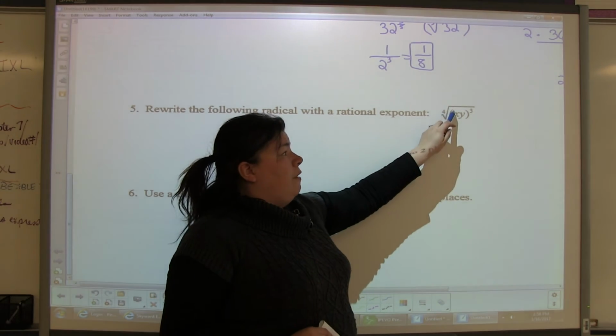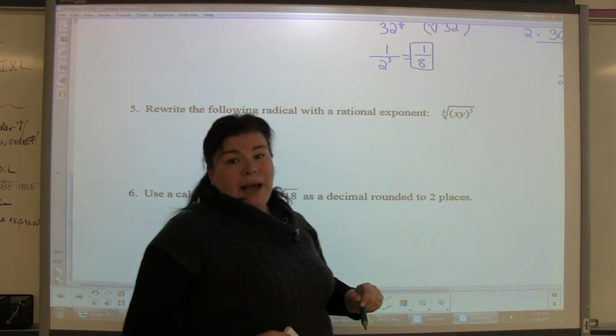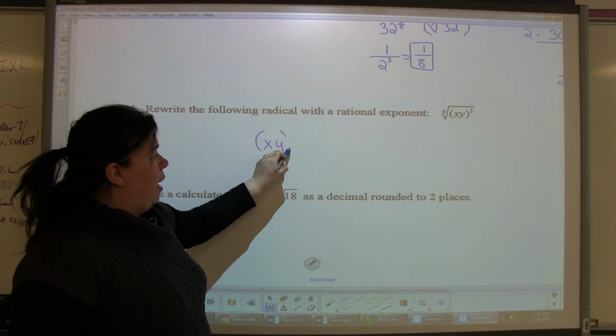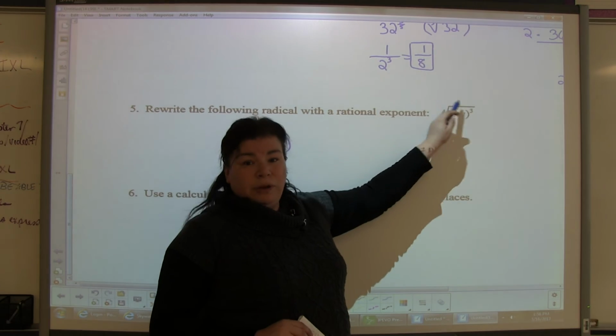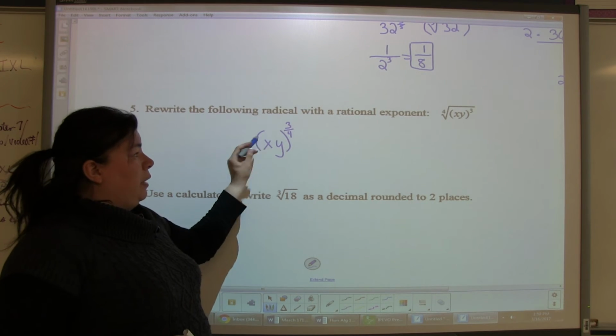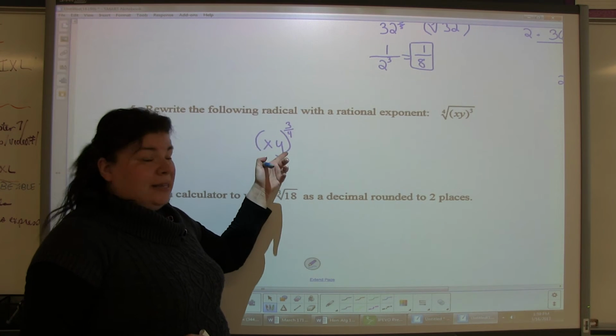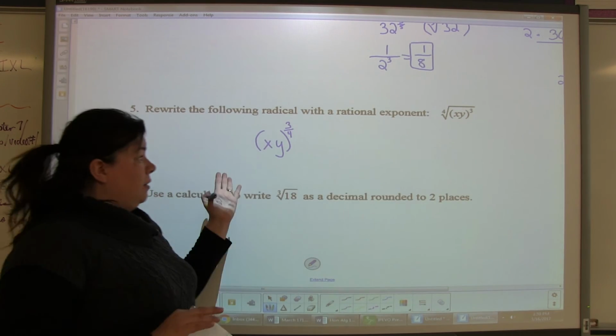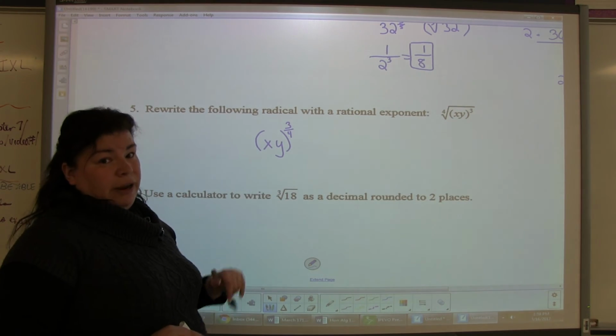The fourth root of the quantity xy to the third power is another way of writing x times y all raised to the 3/4 power. So if we were to go ahead and simplify this, we would actually end up with that expression. And that's all they want us to do, is rewrite it in that form.